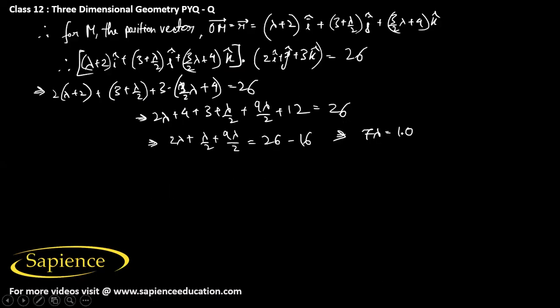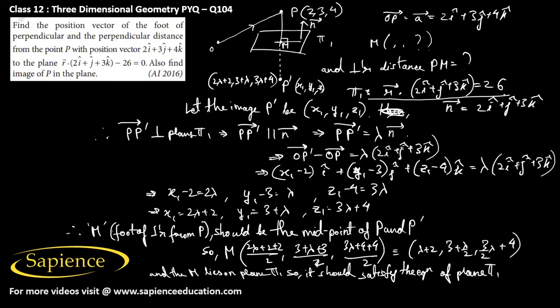So 7 lambda is equal to 10. So therefore lambda equals 10 by 7.